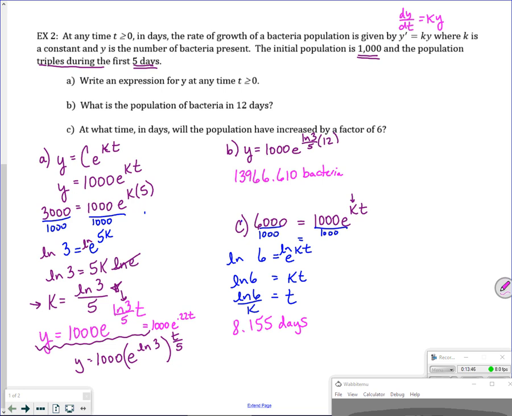Well, what is e to the natural log of 3? Well, remember, e and ln are inverses of each other, so they, in a sense, cancel each other out. So this equation is the same as 1,000 times, if the e and the ln cancel, 3 to the t over 5.